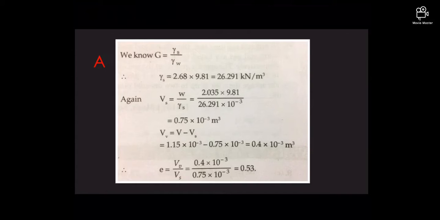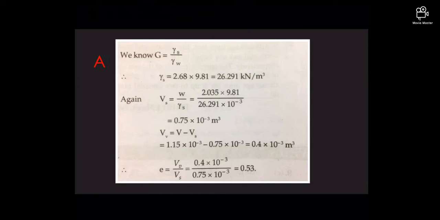Vv is the total volume of soil minus Vs, which we have found from the earlier equation.